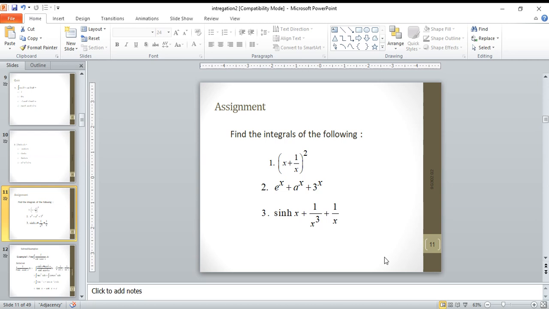Integration of 1 by x is just log x plus c. So the overall answer is cos hx minus 1 by 2x square plus log x plus c.